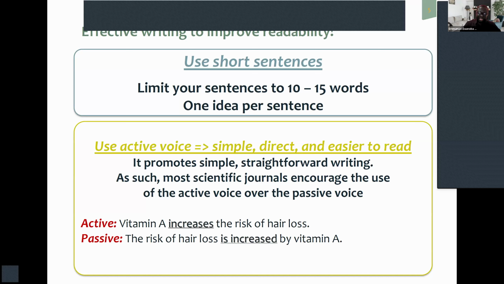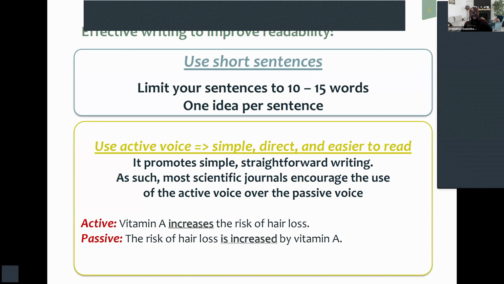So you have to use short sentences. Limit your sentences to 10 to 15 words. Each sentence in your manuscript, please look at it again. It should be between 10 to 15 words. One idea per sentence. Don't lump up a lot of ideas in one sentence using a lot of conjunctions like and all that.